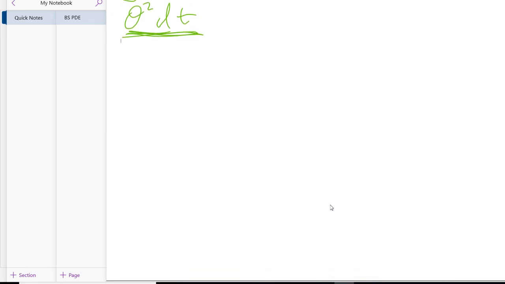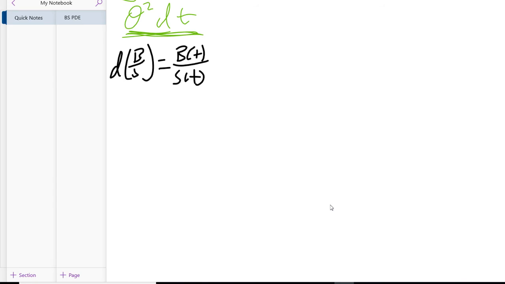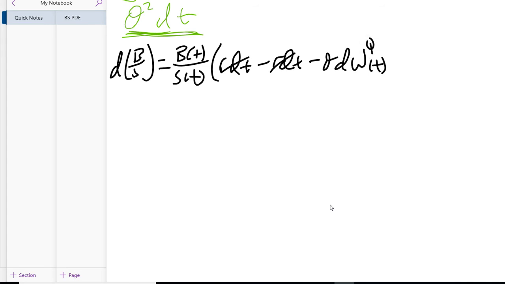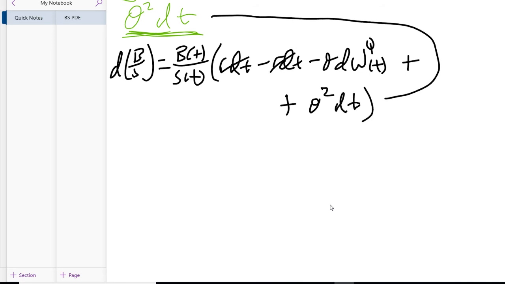So, simplifying all of this, what we are going to have is d, I'm going to drop the t here for a second, equals bt over st, so we're going to have r dt minus r dt, nice, let's drop out, minus sigma dWQ t, and then plus sigma squared dt, as I just showed you up there.